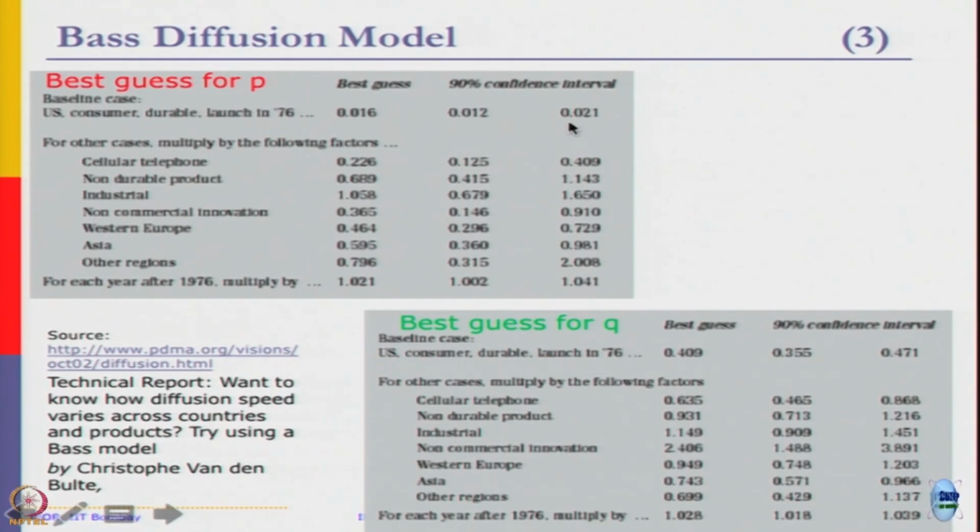Similarly, things can be compared across, like non-durable goods. There are things like industrial goods which are quite comparable, 1.149, 1.05. Things are somewhat comparable in case of some of the items as opposed to the other ones where it is quite far apart.